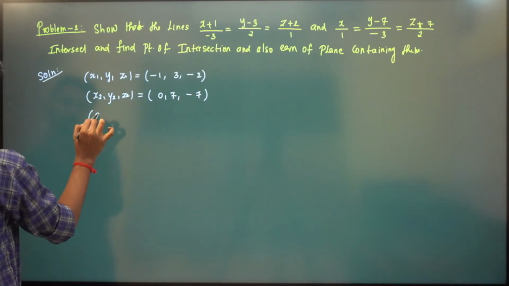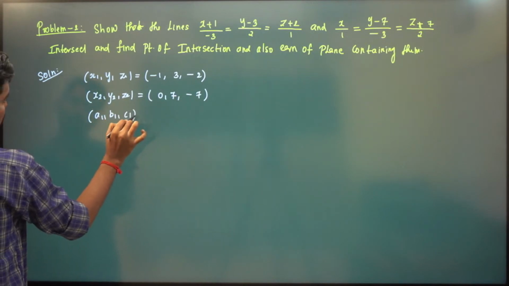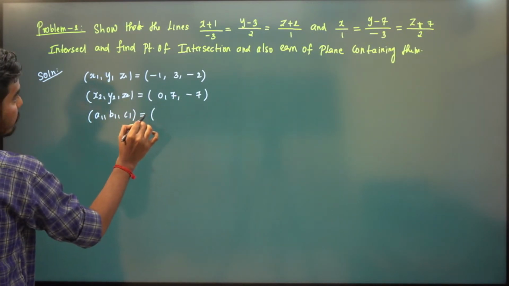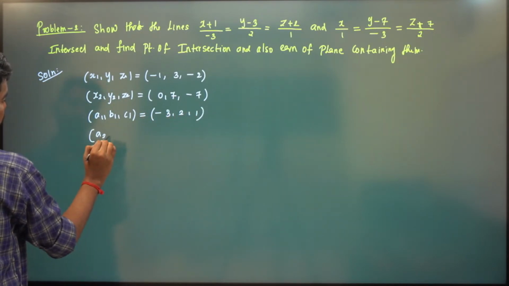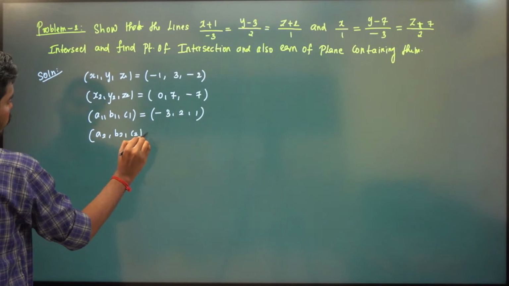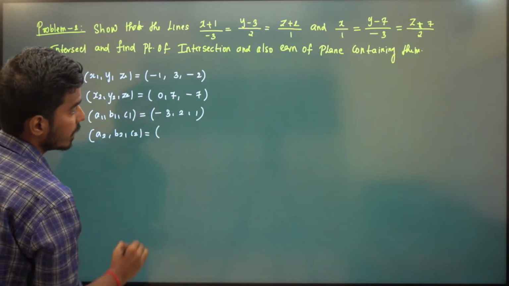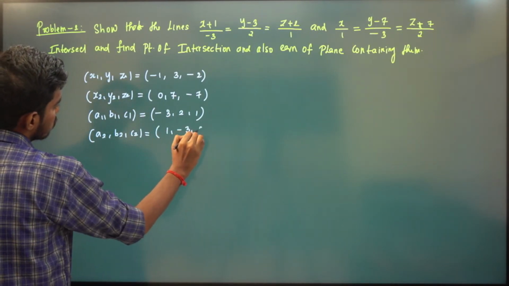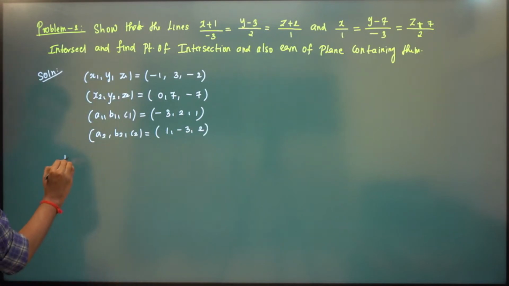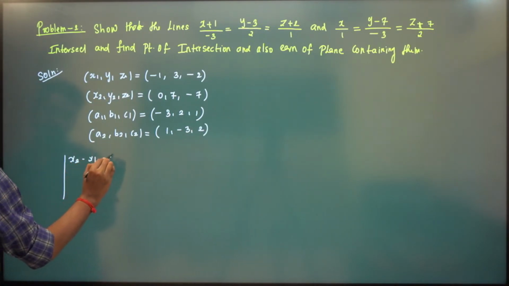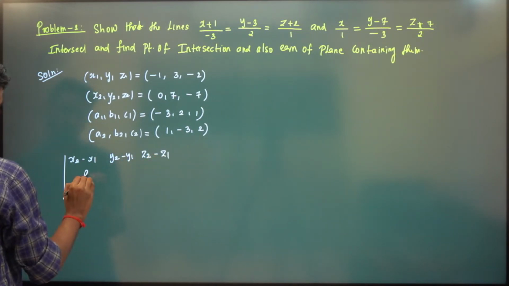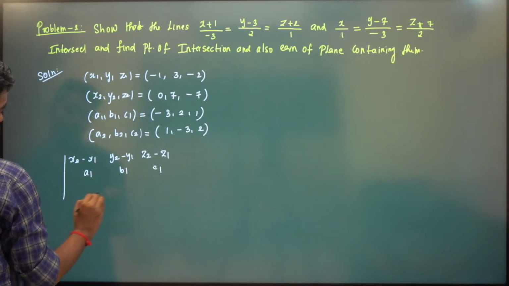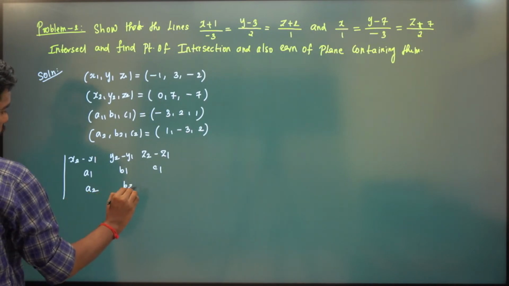And a1 b1 c1 is given by minus 3, 2, 1, and a2 b2 c2 is given by 1, minus 3, 2. So find x2 minus x1, y2 minus y1, z2 minus z1, a1 b1 c1, a2 b2 c2.